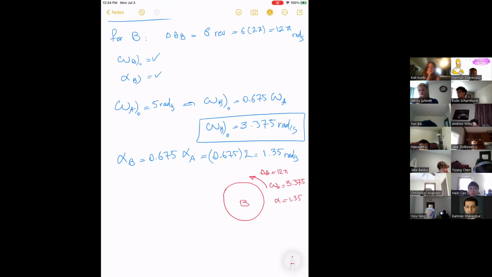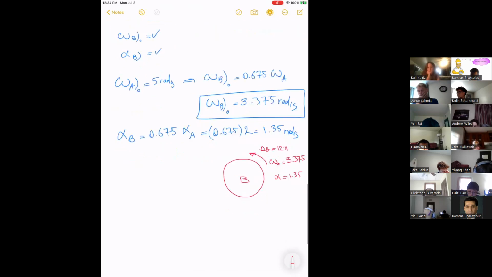The problem asks us to find the angular velocity of B after 6 revolutions. So we have theta and omega and alpha in the problem. Which equation comes to your mind to use?